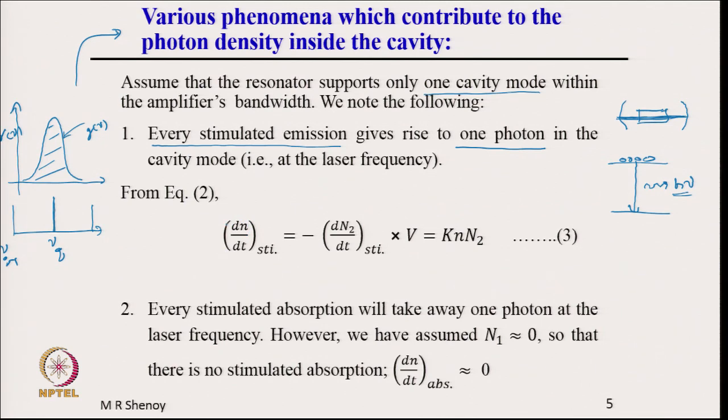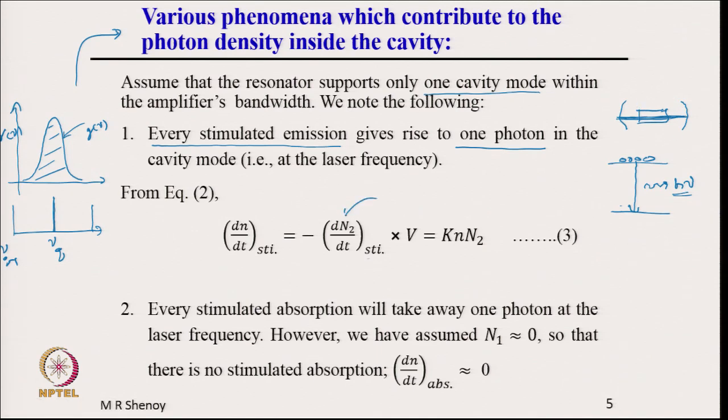The photon number would change, as we will see, due to different components, but due to stimulated emission it will be equal to dN2 by dt due to stimulated emission, that is the rate of change of atoms coming down from here to here, multiplied by V. V is the volume, because this is per unit volume, whereas the photon number N is in the entire cavity.